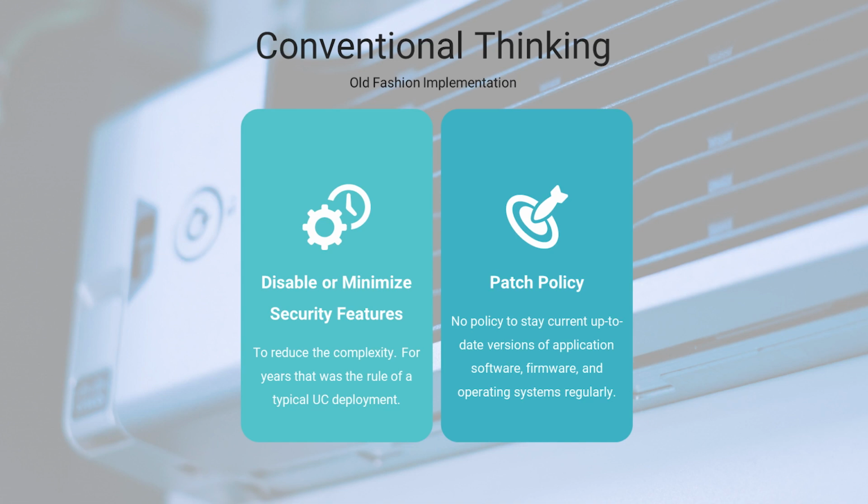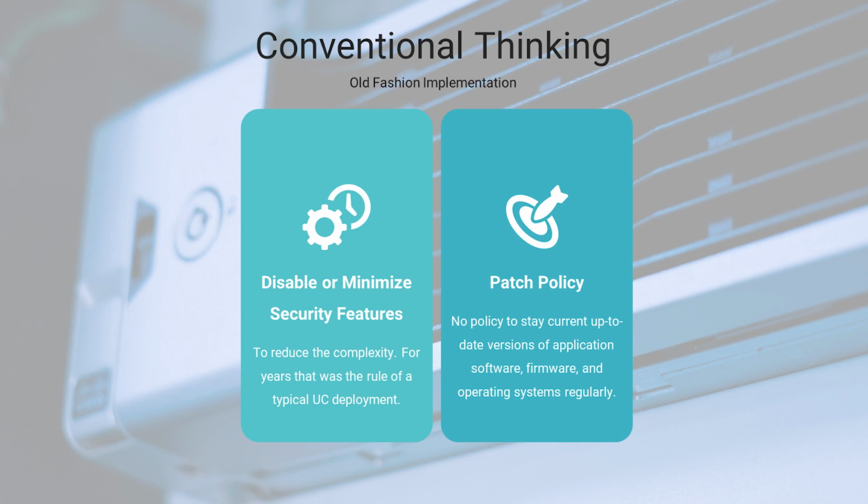There is no more room to deploy a UC environment with the security features disabled or minimized to reduce the complexity of the implementation. So let's not leave the Call Manager out of mixed mode because we need to restart a few services or sign certificates or things like that. We do need to apply some security features because it's part of best practice.